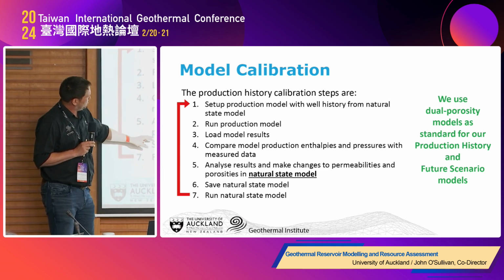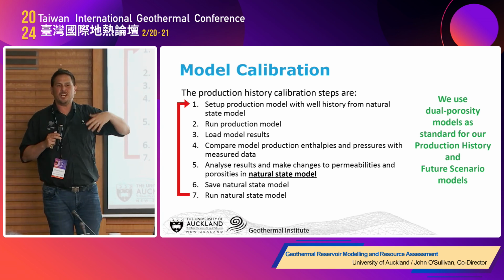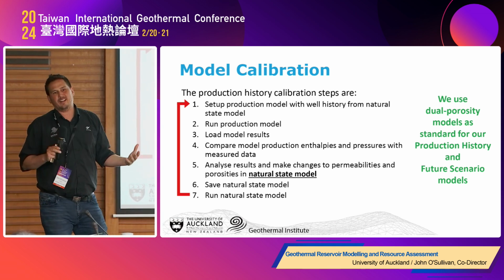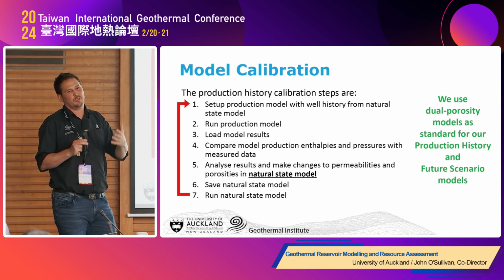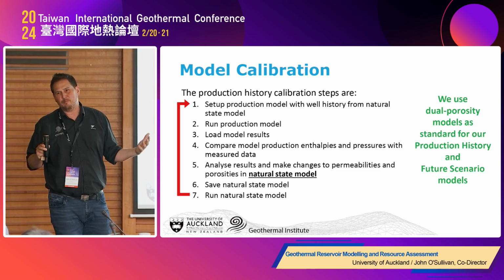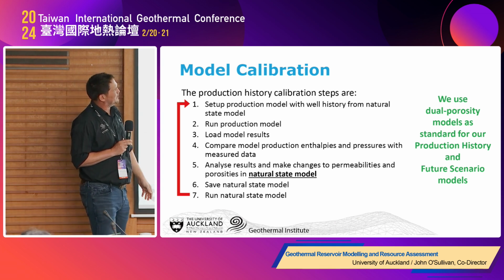And then you've got to go run the natural state model again and go right back. Because if you change your model permeability porosity distribution, well then the permeability distribution will change what your natural state temperature pressure distribution looks like. So you have to go back and rerun the natural state.